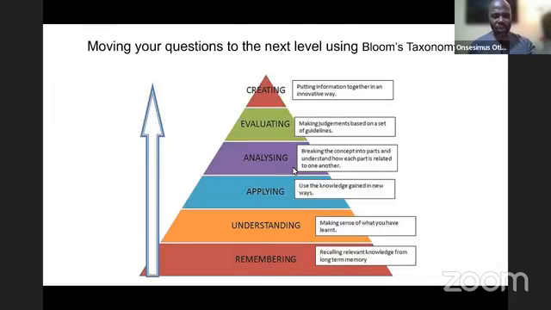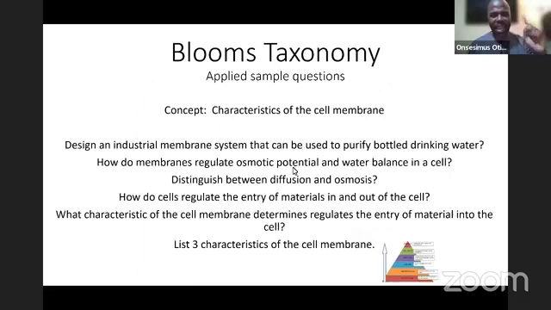And so this is the Bloom's taxonomy, going back to it again. And basically, I look at a question like this. If you wanted to look at the different levels of Bloom's taxonomy, here are the questions when it comes to the characteristics of a cell membrane. So question number one at the very bottom, understanding, list 3 characteristics of the cell membrane.